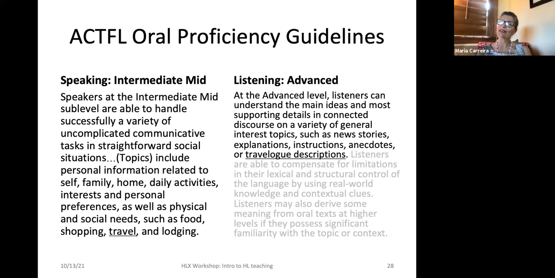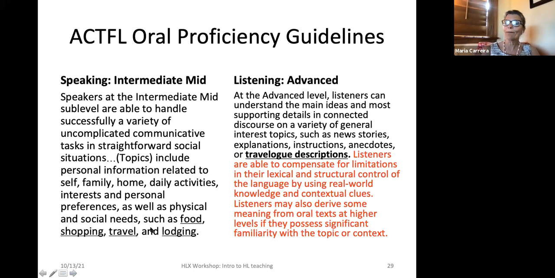So now maybe we can go from speaking about travel at the intermediate level to listening about travel at the advanced level, right? And we're going to use HL speakers' background knowledge to help them fill in information. So that's a characteristic of the advanced level.